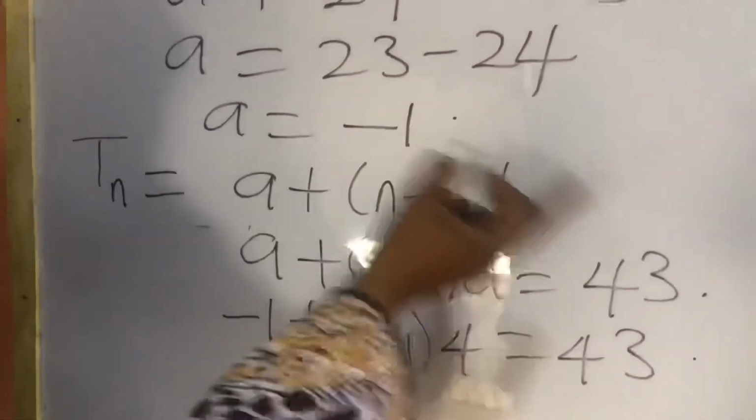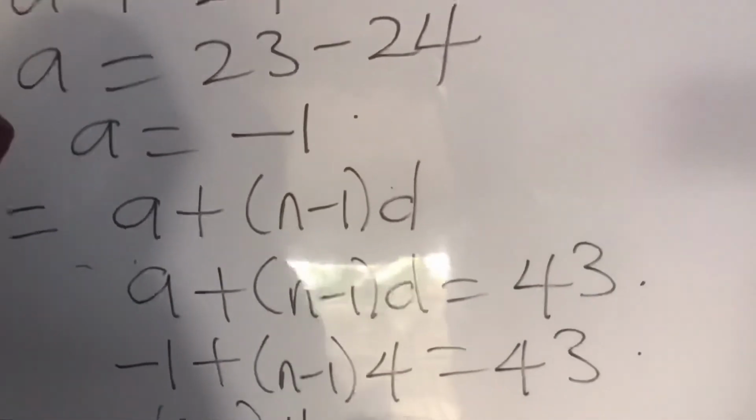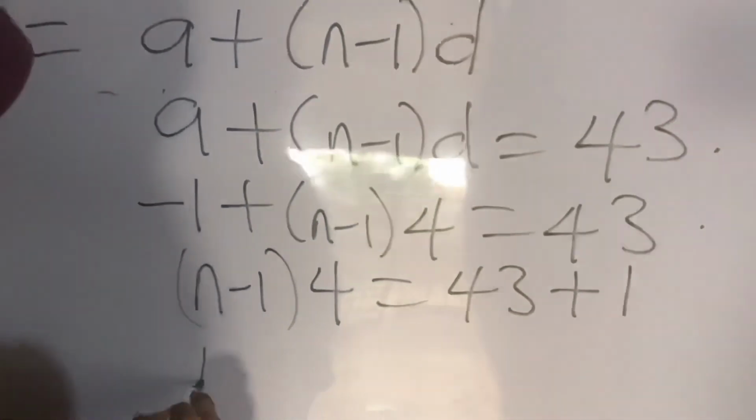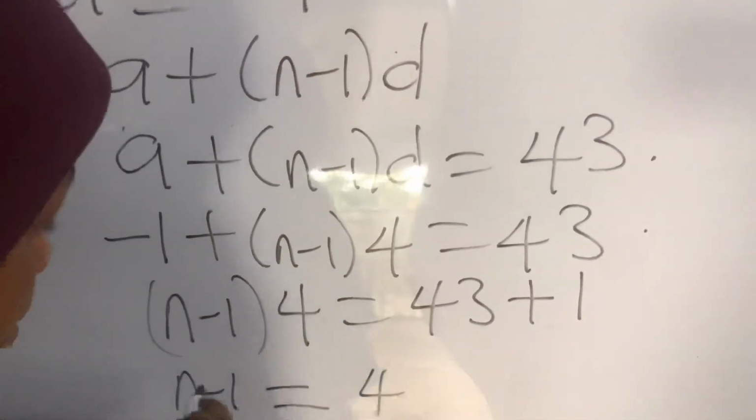Minus 1 goes out: (N minus 1) multiplied by 4 is equal to 43 plus 1, which is 44.